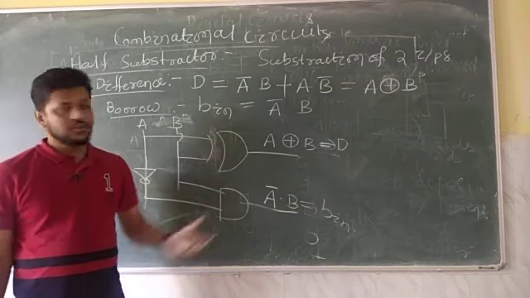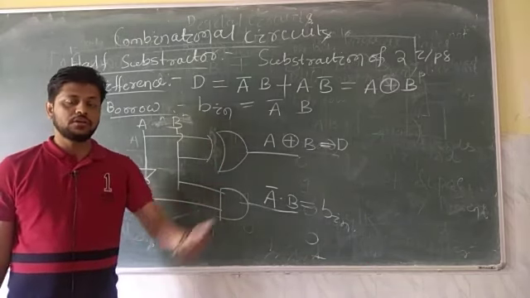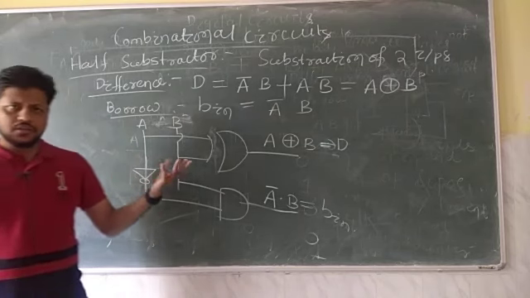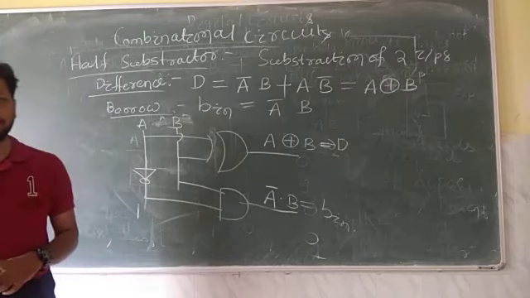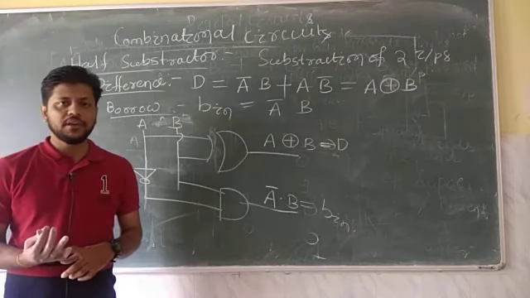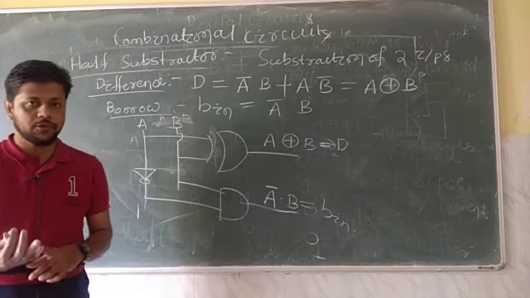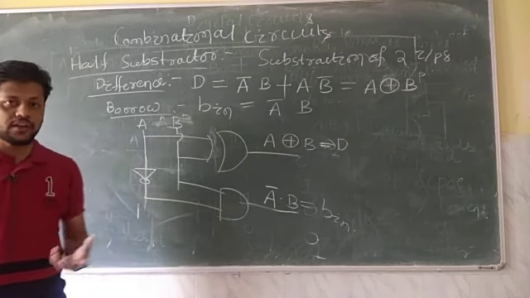So remember, this is very easy. In the next class we will design some more complex circuits. Basically you need to follow the steps. First you need to identify the application, and according to the application identify the number of inputs as well as the number of outputs. Accordingly you design a truth table.